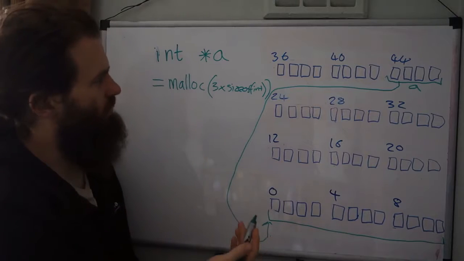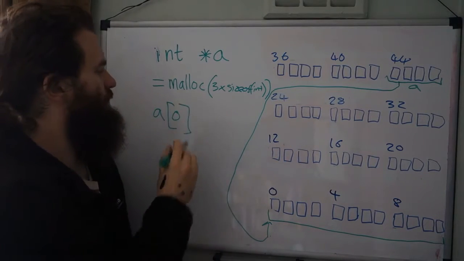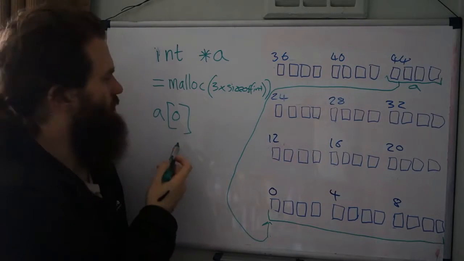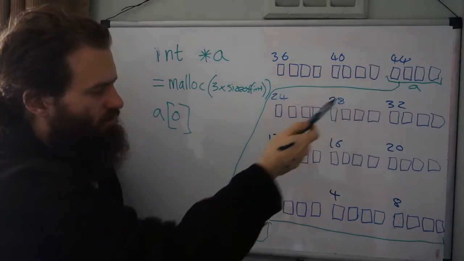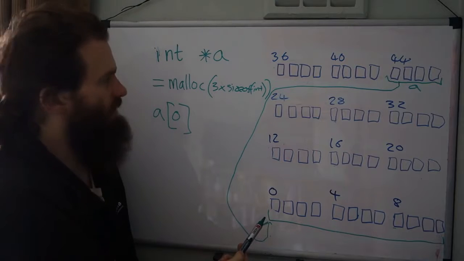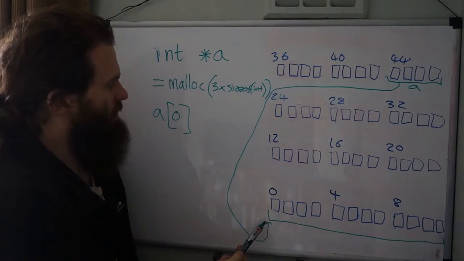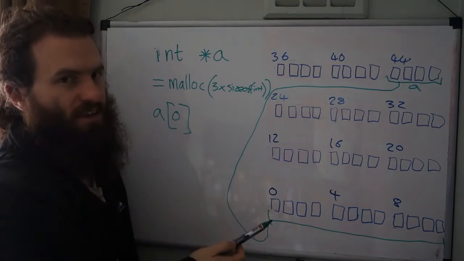Now what happens when we index an array? If we want the 0th element, A is a pointer, so we go to the memory address that the pointer points to, and then we dereference it with respect to the index.